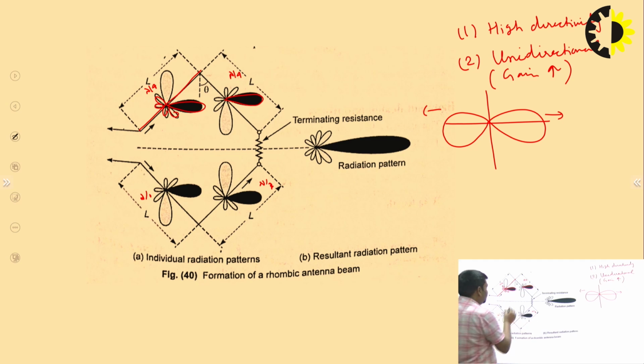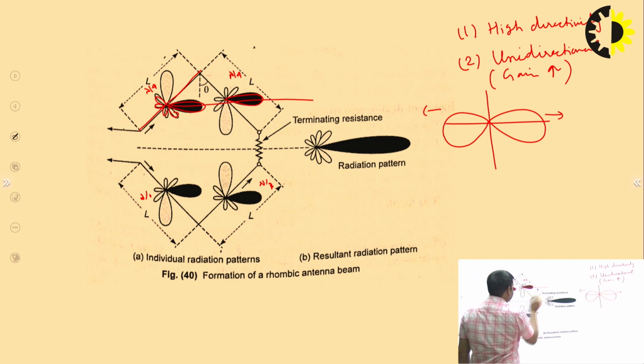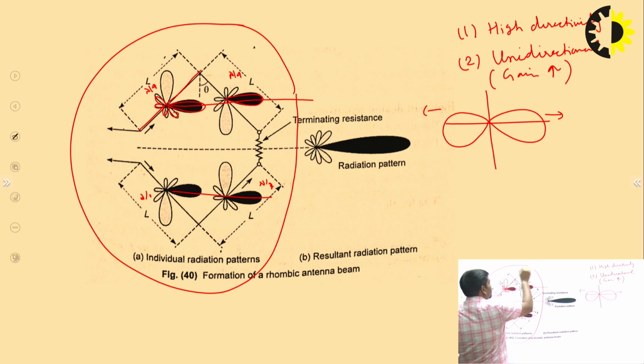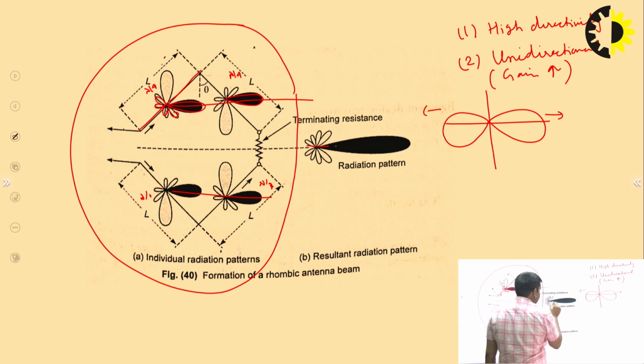So we know the radiation intensity of this rhombic antenna in the direction of the array axis.